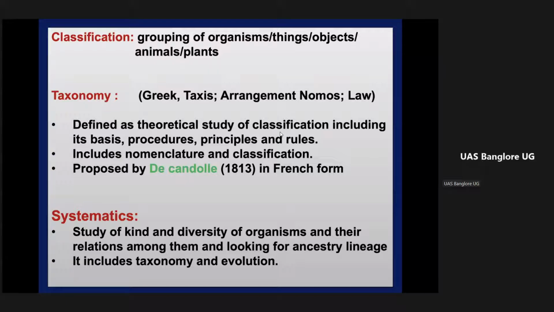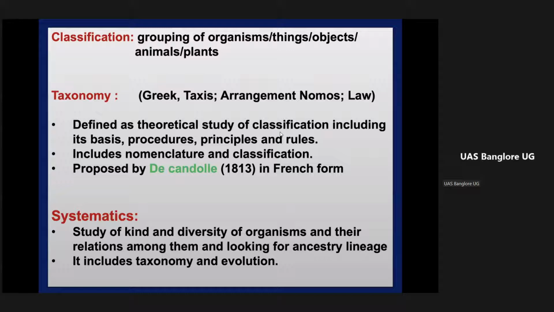what we are doing is that in systematics we are going to find a relationship. You all have your family tree, right? Yes or no? How many of you know that? There's a family tree.